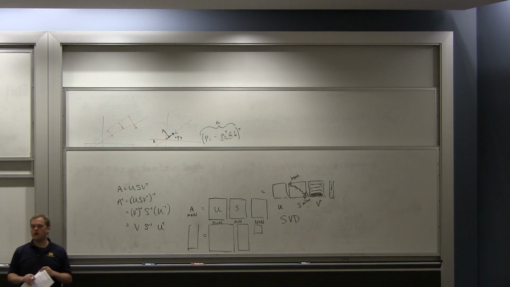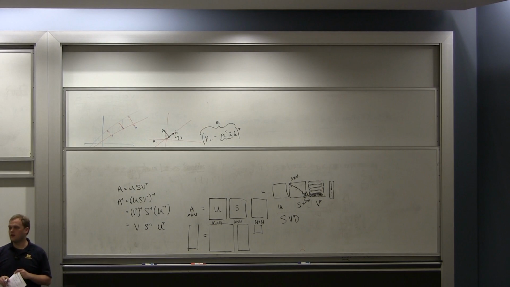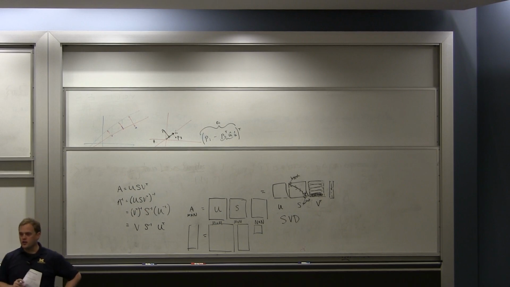So what if m was smaller than n? Right. So let's ask it this way. I've got an A matrix that's 100 by 3. What is the dimensionality of the space that I can span given the columns of A?